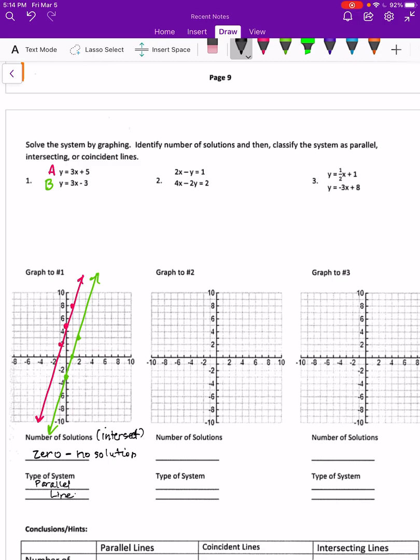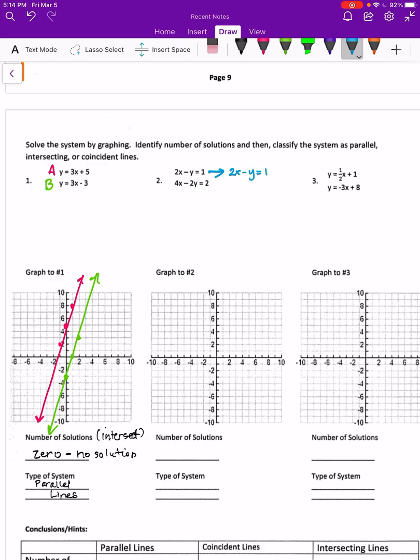Okay, so parallel lines. All right, so number 2, we have to graph this one. Now, you can see with 2, neither one of these is in slope-intercept form, so that's the first thing I need to do. A little bit of work to do. So let me rewrite the equation: 2x minus y equals 1.